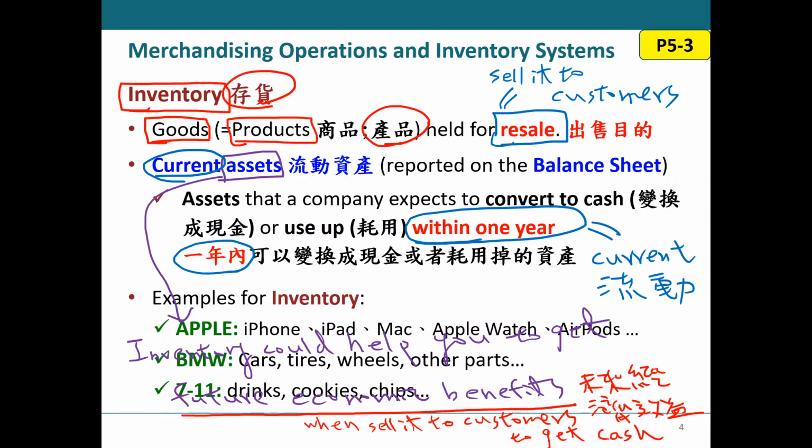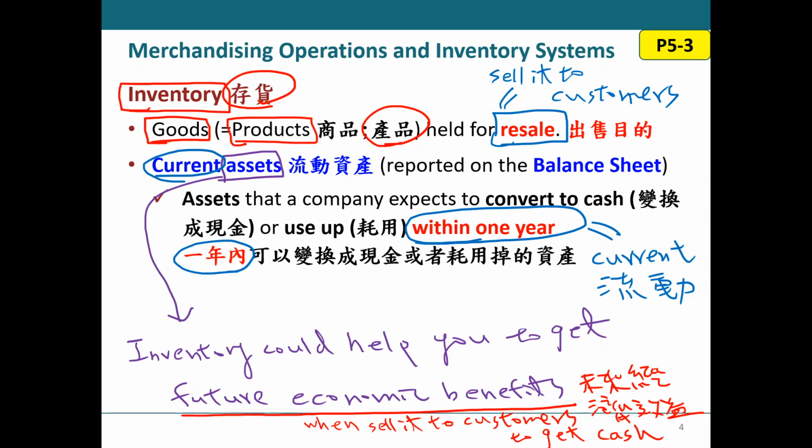So current assets, okay. For assets, which financial statement do we put them on? Hello? Hello from Tuesday class? Okay, hello. Current asset, which financial statement do we put it on? Which financial statement tells you asset, liability, equity?